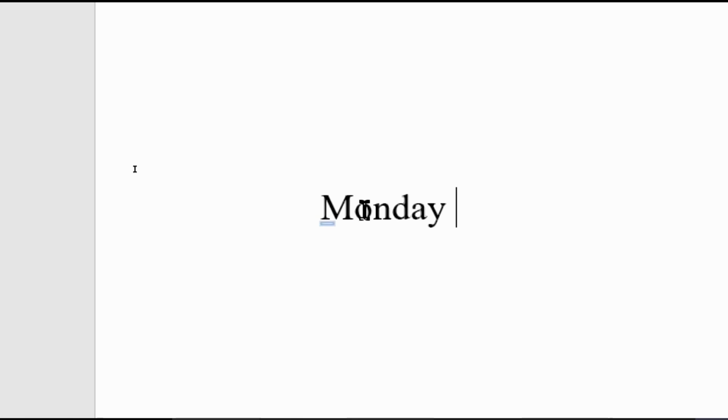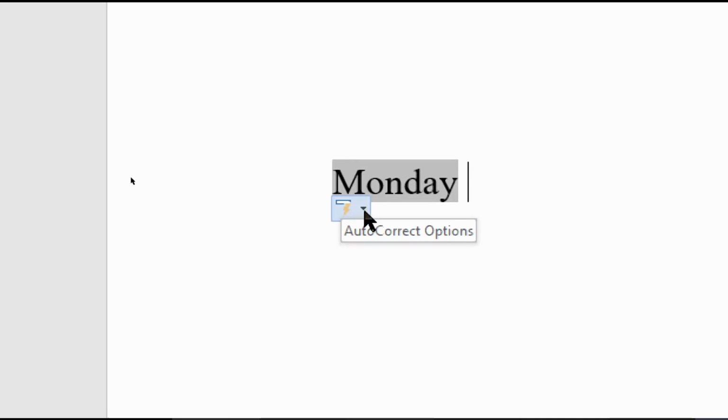For autocorrect, your install of Microsoft Word will likely do it for you automatically. But let's just say, for example, I type in the word Monday. It auto capitalizes it for me. Now, if I were to hover my mouse over, you see there's a little blue marker here. Drag your mouse over that, and this appears.